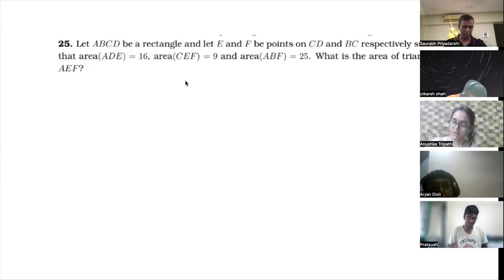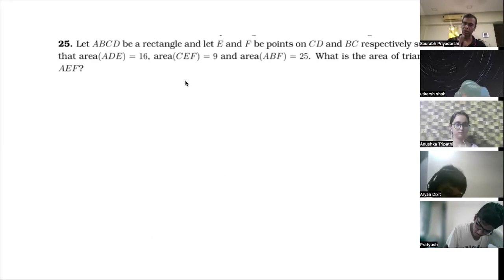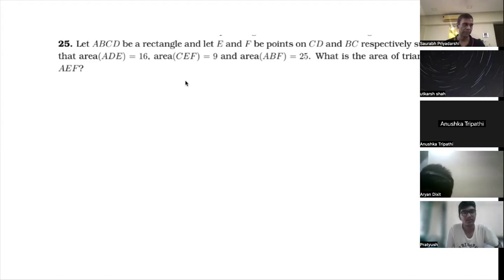This is a simple question, but again, what I said, in IOQM you'll not get the question directly from geometry. That geometry will be based on the basics of your calculation, right? So the calculation part is also important in this. So please go ahead.